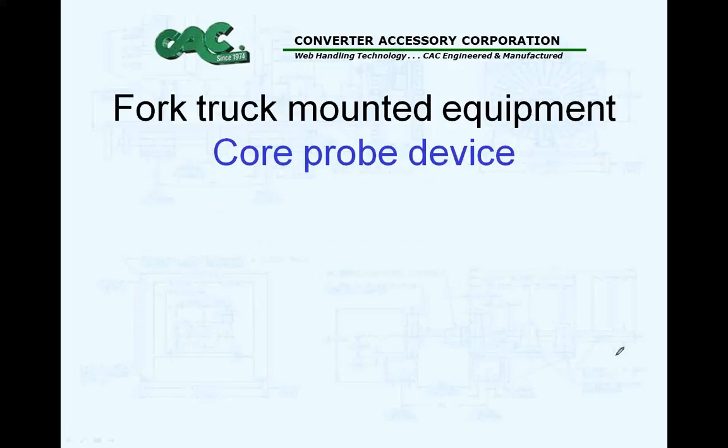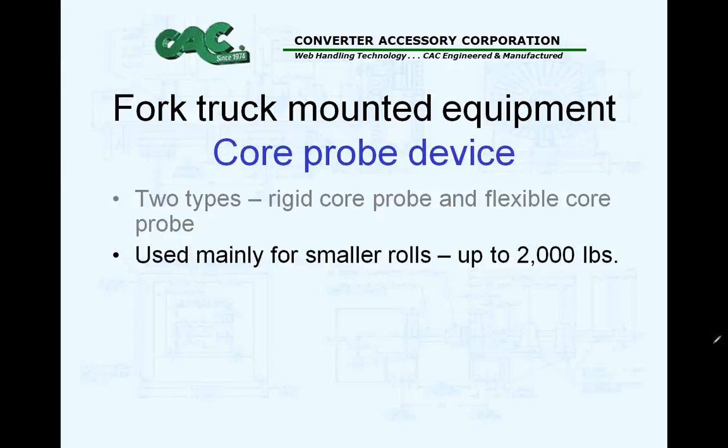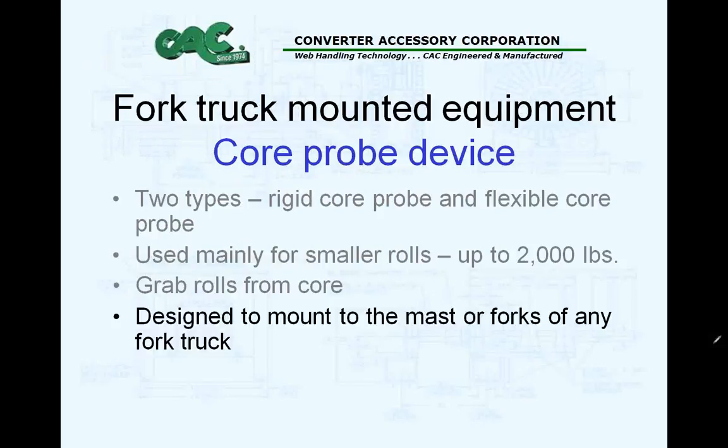Now there are some fork truck mounted devices that use a probe, and there are two types. There's a rigid probe, where the probe is rigidly connected to the fork truck. There's also a fork truck device that has a flexibly mounted probe, which we're going to talk about too. Mainly used for smaller rolls up to 2,000 pounds, and we're grabbing the roll from the core, not from the outside.